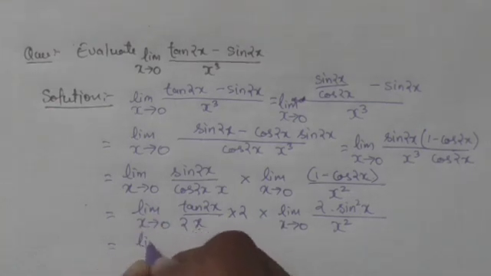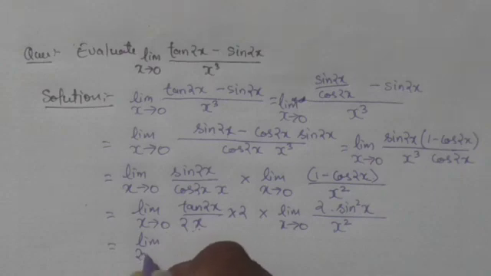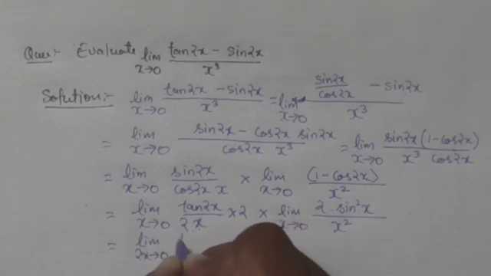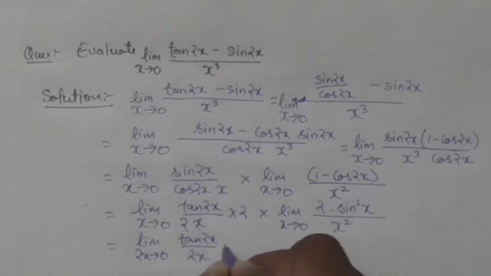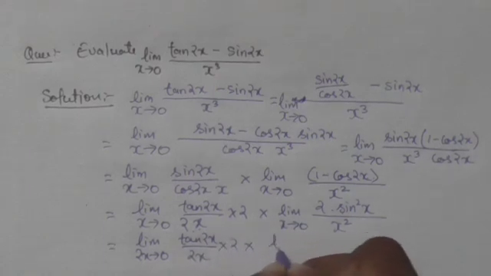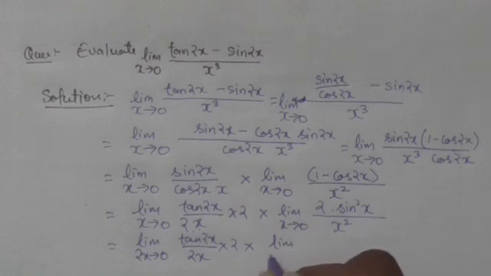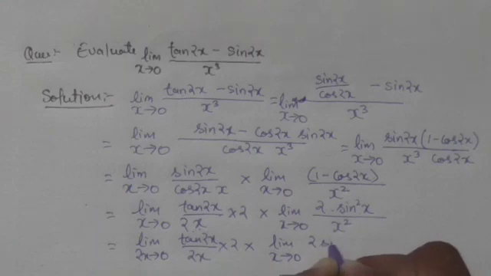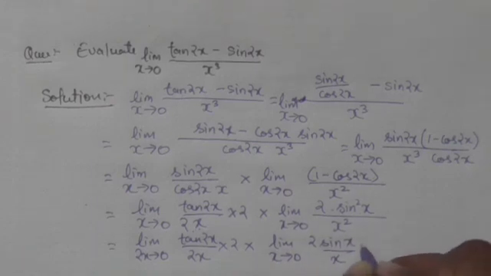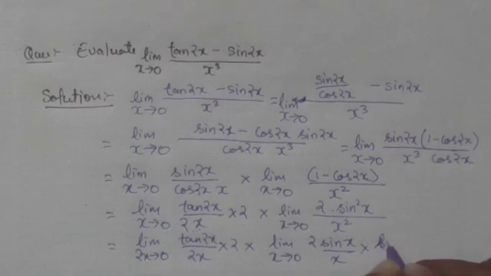So we can write it like this, limit 2x tends to 0 tan 2x upon 2x into 2 into limit x tends to 0 2 sine x upon x into limit x tends to 0 sine x upon x.